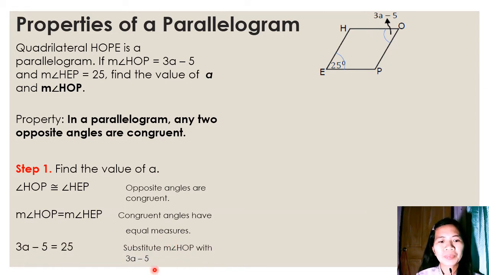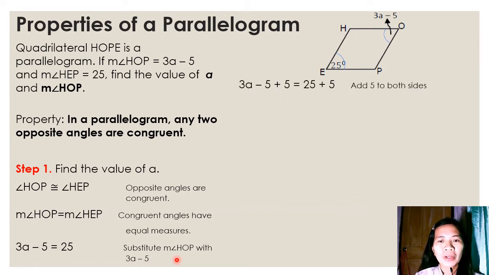So we will equate: the measure of angle HOP is 3A minus 5, and 25 is the measure of angle HEP.